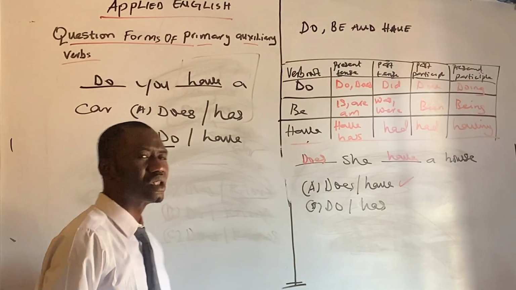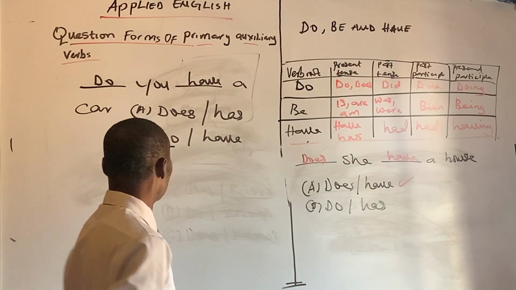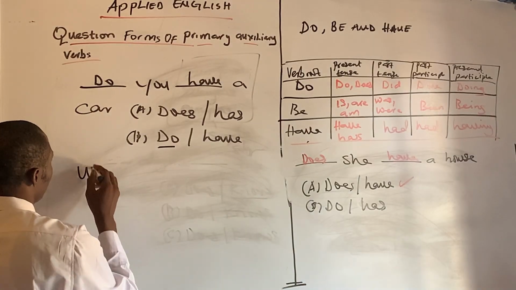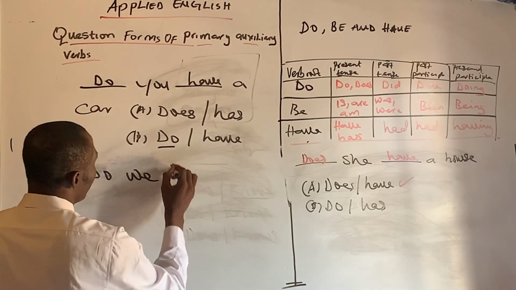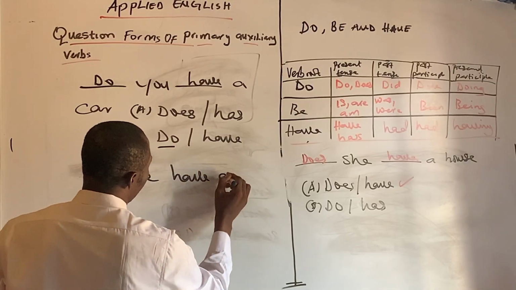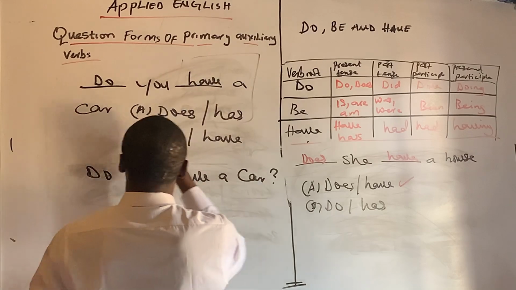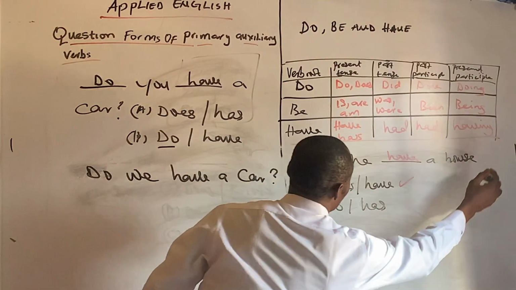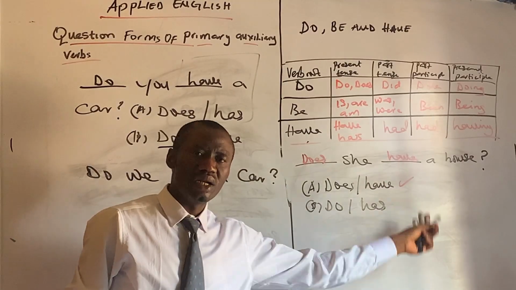Now, what if I use the first person plural subject, we? It will become "do we have a car?" Remember, all these are questions. Remember to put the question mark in the rest of those.